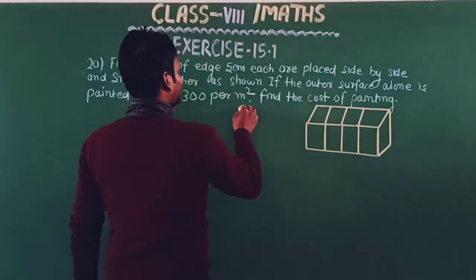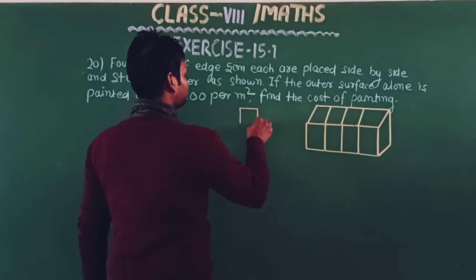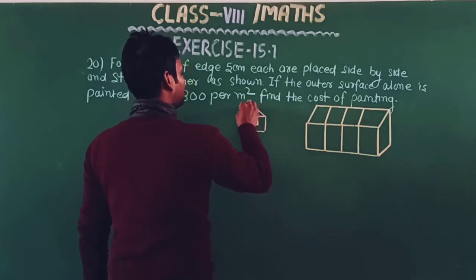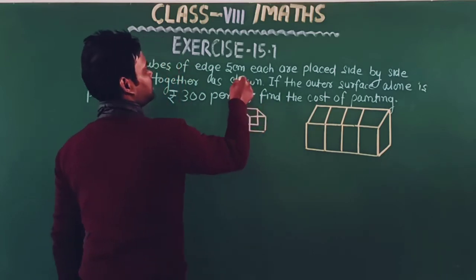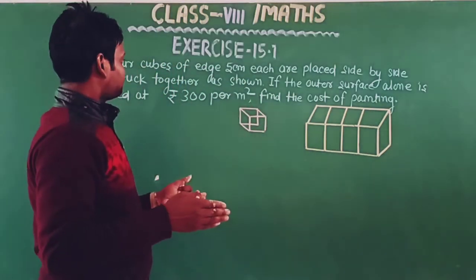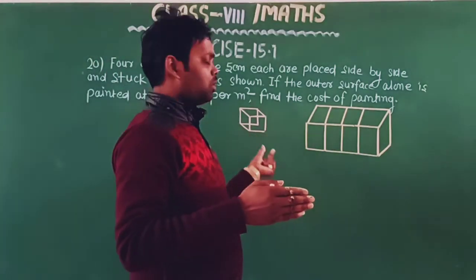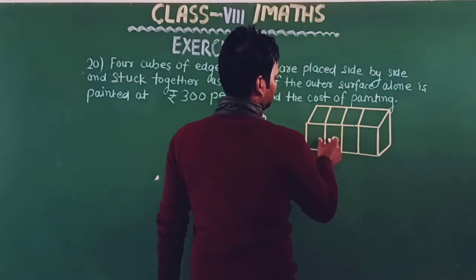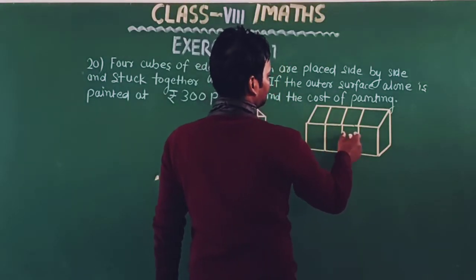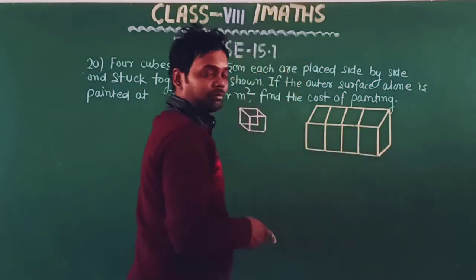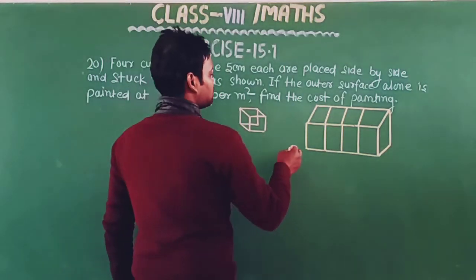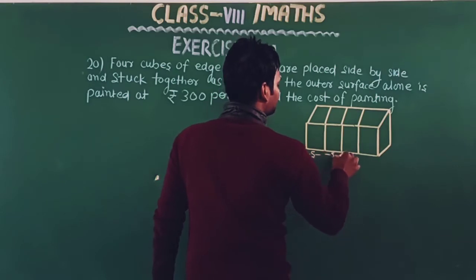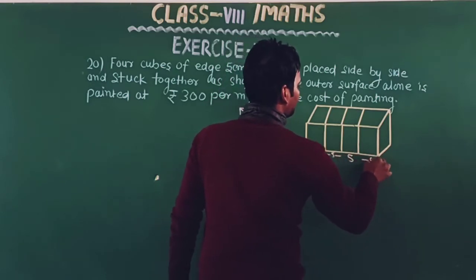So we have a cube of base 5 centimeter, and there are 4 cubes of such type joined end to end to form this figure. So this is 5 centimeter, this is 5 centimeter, this is 5 centimeter, this is 5 centimeter.